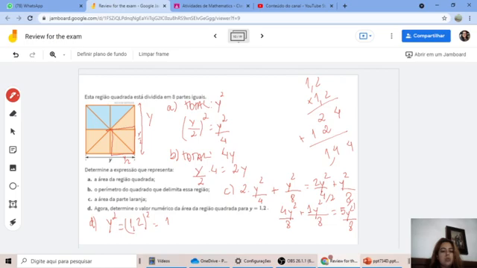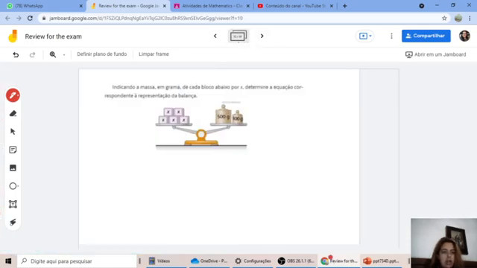So the total area is going to be 1.44, okay? Here, indicating the mass in grams of each object determined by x, determine the equation that corresponds to the representation in the balance.